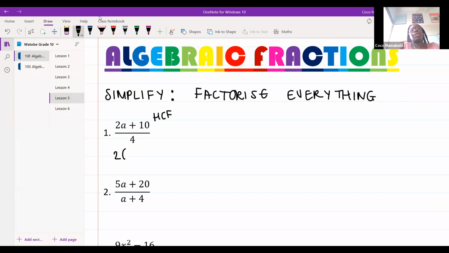I'm going to take 2 out, and then 2 divided by 2 will leave me with a, plus 10 divided by 2 will leave me with 5. So I'm going to have a plus 5 over 4. Now, I know that 2 and 4 can be simplified as a fraction. Guys, how can I simplify the fraction 2 over 4? How does it simplify?